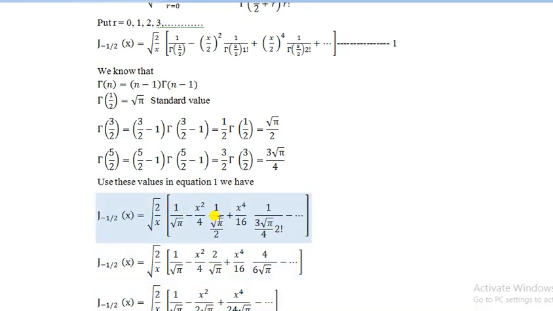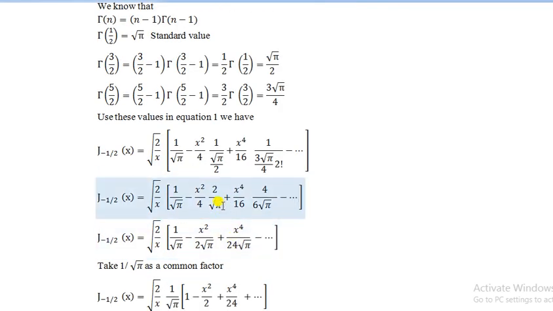So reverse the square root of pi by 2 and 3 square root of pi by 4, which becomes 2 by square root of pi, x square by 2, and 4 divided by 3 into 2, 6 square root of pi here. So cancel it, 2 ones are 2, 2 twos are 4, 1s are 4, 4s are, and 4 into 6 is 24. So here also the common term is 1 by square root of pi.